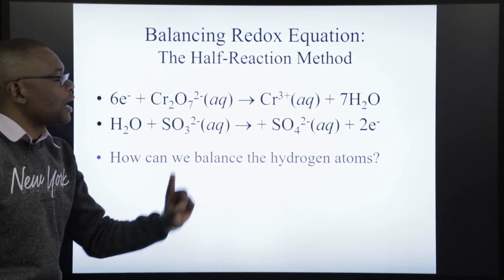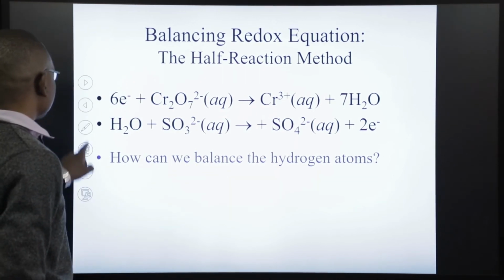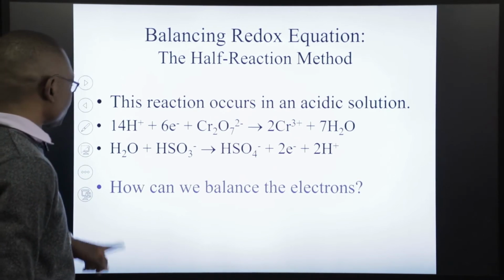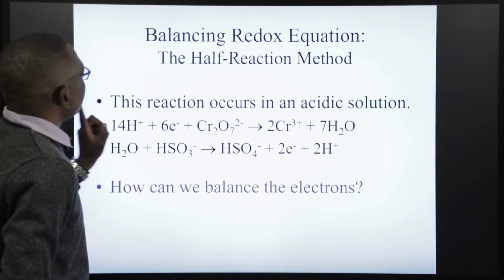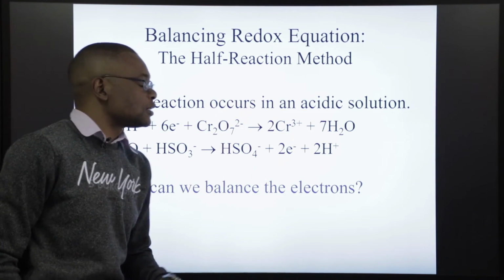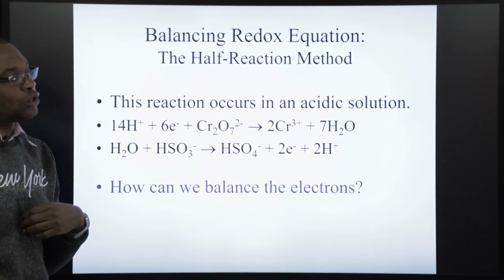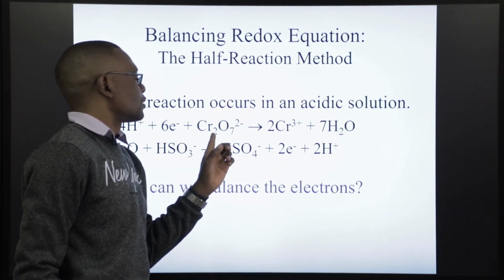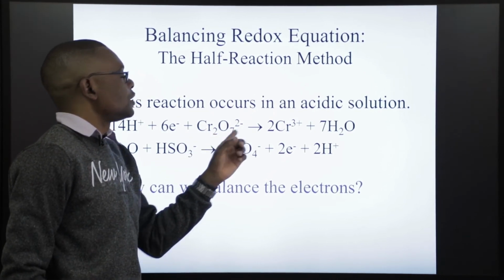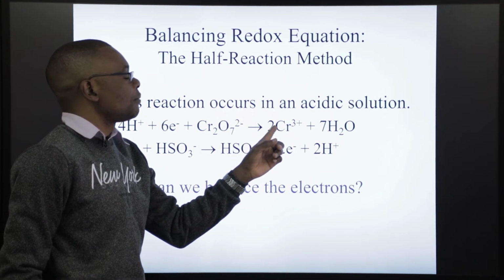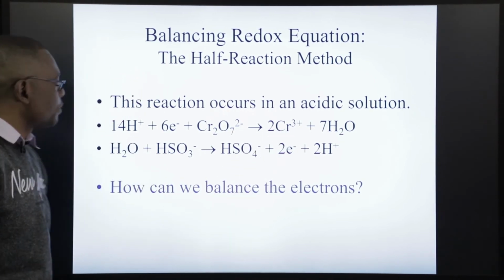So how can we balance the hydrogen atoms? This is how we balance them. So for this reaction to occur in an acidic environment, we need 14 H plus, 6 electrons, plus the dichromate to give us 2 chromium 3 plus and 7 water molecules.